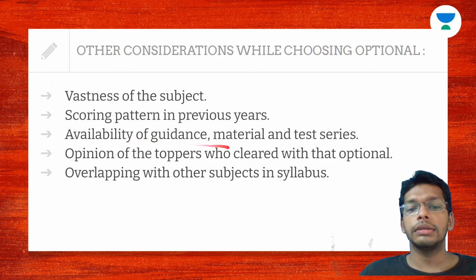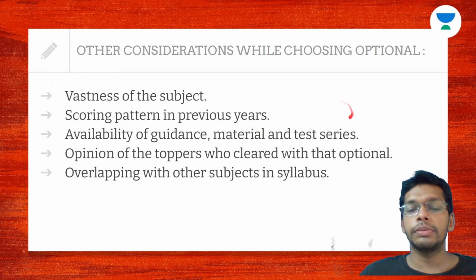Another important factor while choosing the optional: availability of guidance, materials and test series. If you choose some of the less popular subjects, then the issue you will face is the lack of guidance, that is the coaching, and also the lack of materials. The PDFs and all will not be that easily available, and especially the test series won't be available.